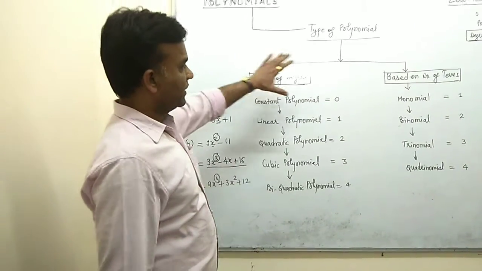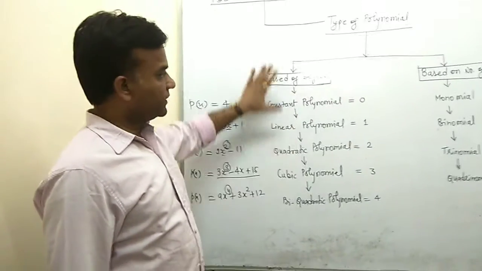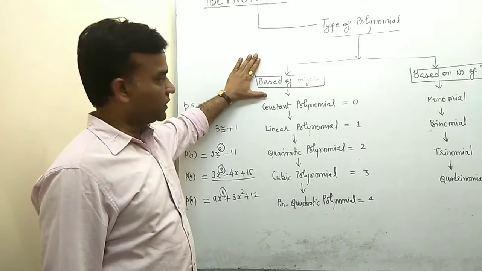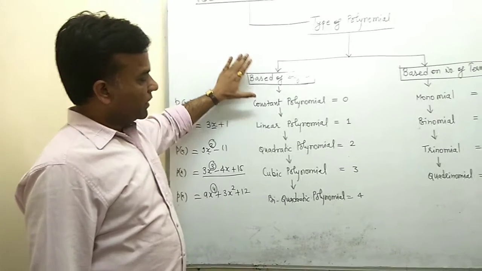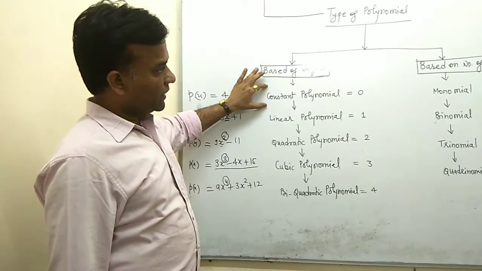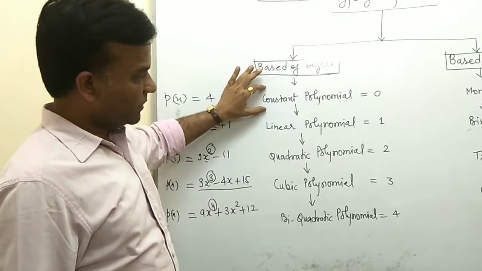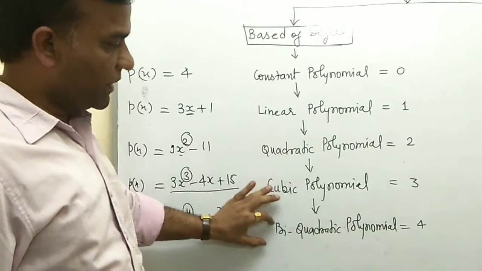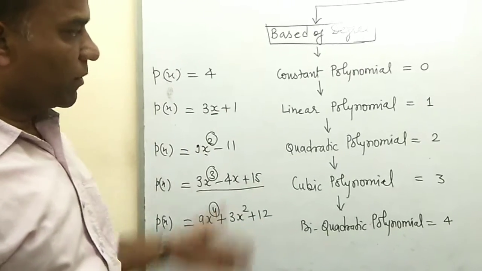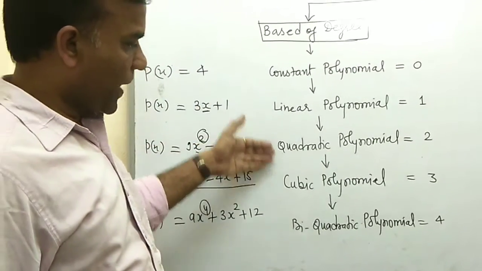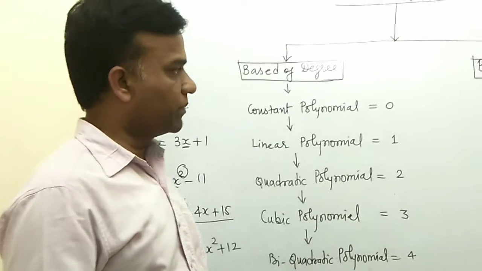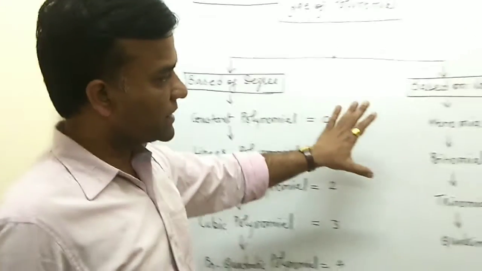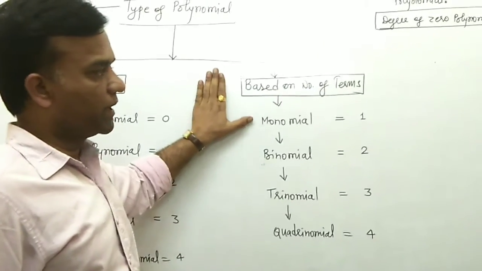Basically, here we describe the first part, which depends on the degree. Based on degree, there are constant polynomial, linear polynomial, quadratic polynomial, cubic polynomial, and biquadratic polynomial. So there are 5 types based on degrees, and the second part is based on the number of terms.